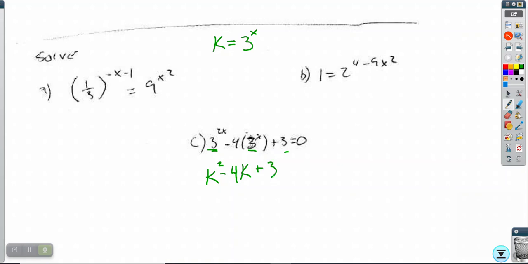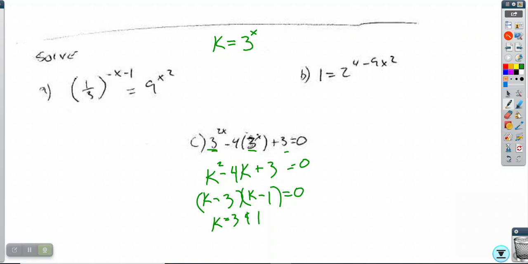A negative times a negative is a positive, and a negative plus a negative is a negative, so I can factor this and solve: 0 equals k minus 3 times k minus 1. Now this is a really easy one to solve. What value of k is going to make these 0? k is going to have to be equal to 3 and 1.